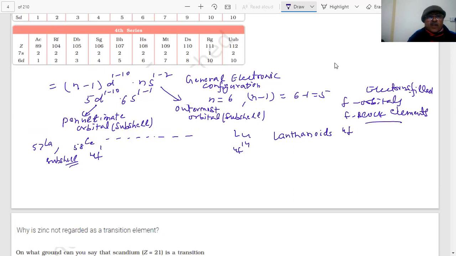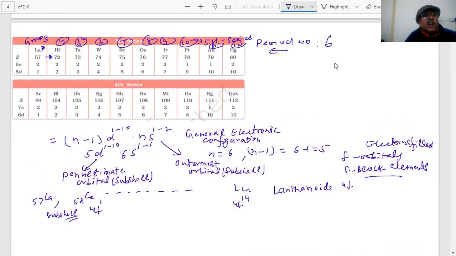So the first series which you are getting is from cerium to lutetium, 14 such elements. That is why you don't see them here. This is 58, this is 71. These elements are not shown there.